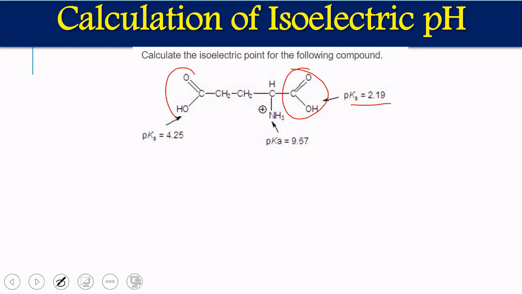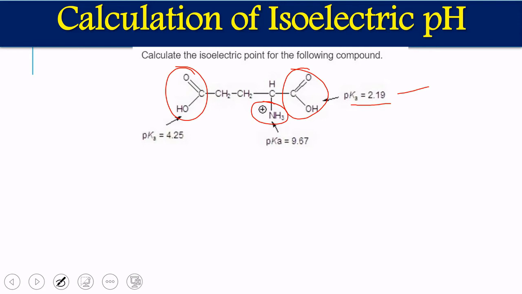Another ionizable group is this COOH in the R group, with a pK value of 4.25, and this NH3+ is the third ionizable group, with a pK value of 9.69. So in that case, how do we calculate the pI, the isoelectric pH, of this amino acid? In this case we cannot take the average of these three pK values. That is wrong. So how do we calculate it?